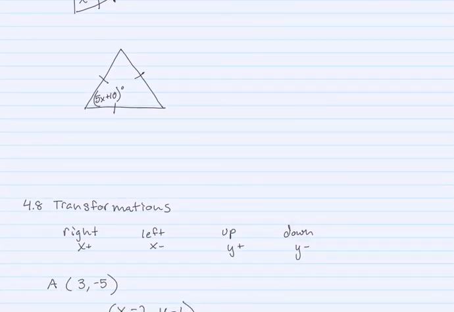So all three sides are equal, which makes it equilateral. And we know that equilateral triangles are also equiangular. So I know that all three of these angles are congruent. So this one is also 5x plus 10. And this angle is also 5x plus 10.